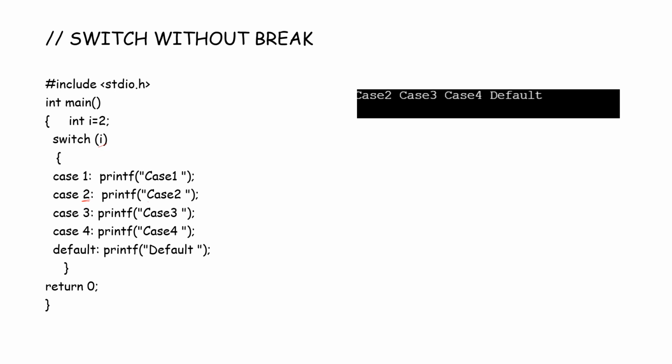So you print case 2. Since I don't have a break statement, the execution follows. So I have printing of case 3, printing of case 4, default and end. So you can just see the output here. Case 2 is printed, case 3 is printed, case 4 is printed and default gets printed.